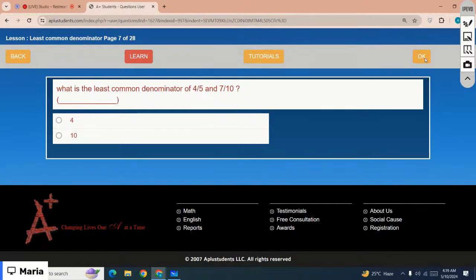What is the least common denominator of 4 by 5 and 7 by 10? Which is the correct option?